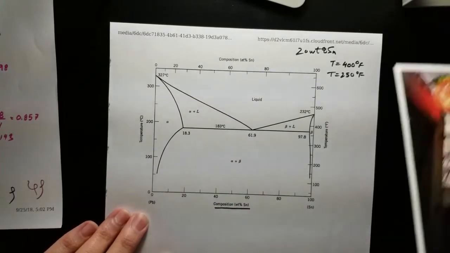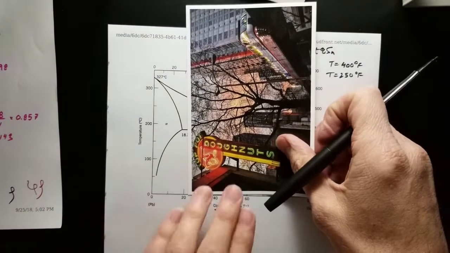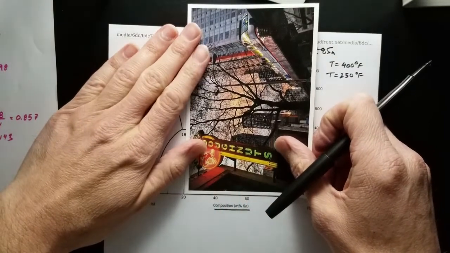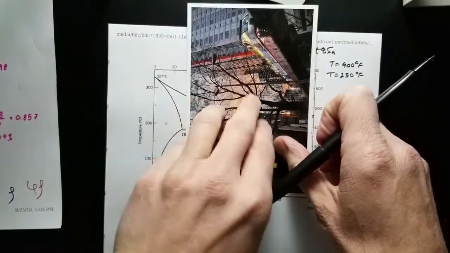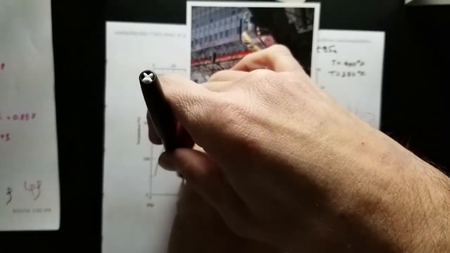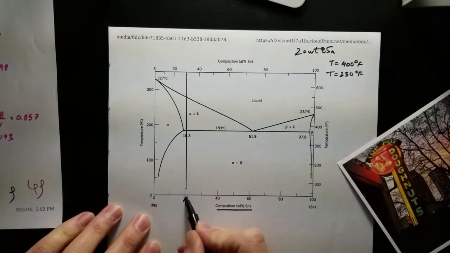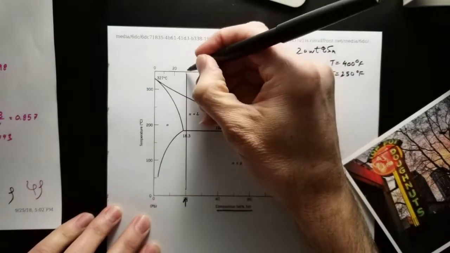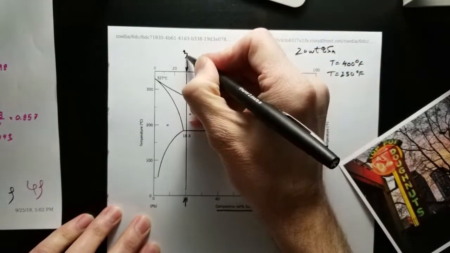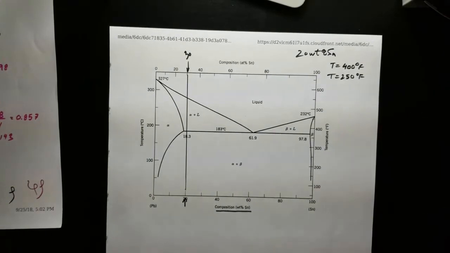So let's draw in 20. I've got a postcard here that I'm going to use as my ruler. So 20 weight percent corresponds to 30 atomic percent. And next, let's mark 400 degrees Fahrenheit.